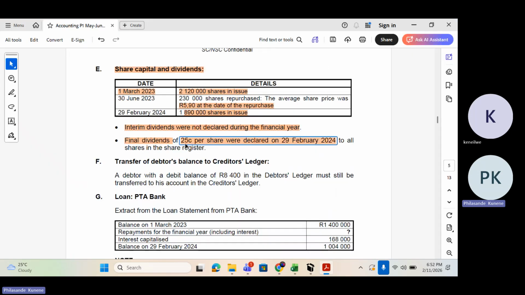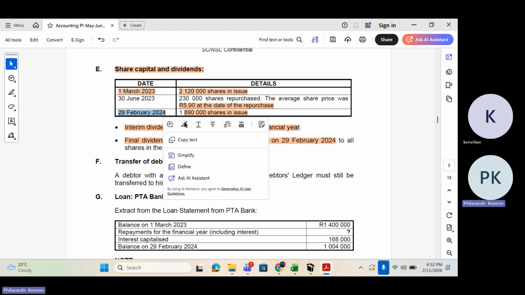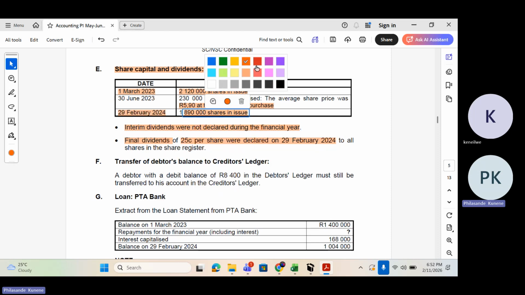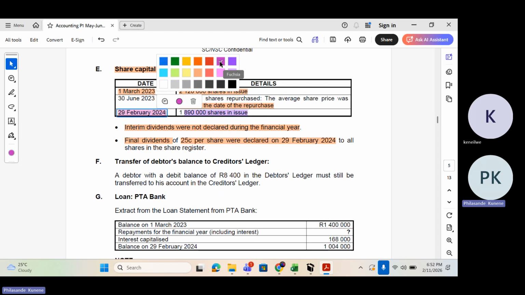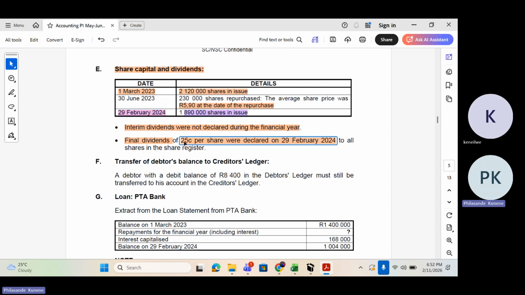And we know how to calculate that, our final dividends. They gave us here that it is 25 cents per share declared on 29 February 2024. And how many shares on 29 February 2024? We can see that we have 1,890,000 shares. So which means now I can say 1,890,000 times 25 cents.